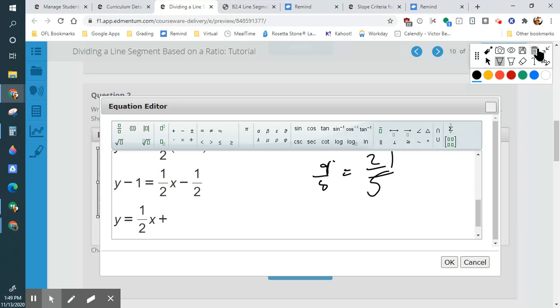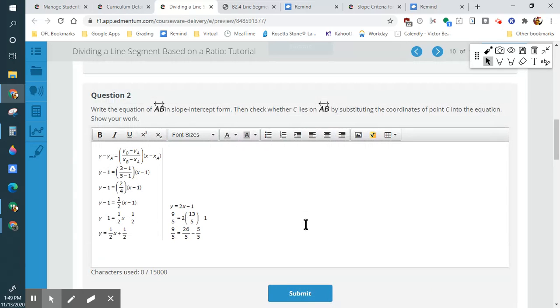So that's why I knew something was up. This is why they have you plug in your point just to make sure. So if you're ever wondering why they ask you to check your work, that is why. I accidentally flipped my slope over and it created a completely different problem than I should have been doing.